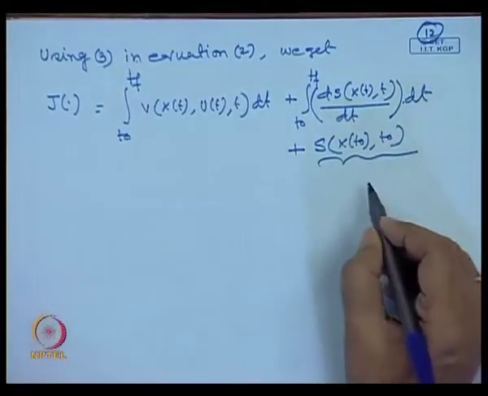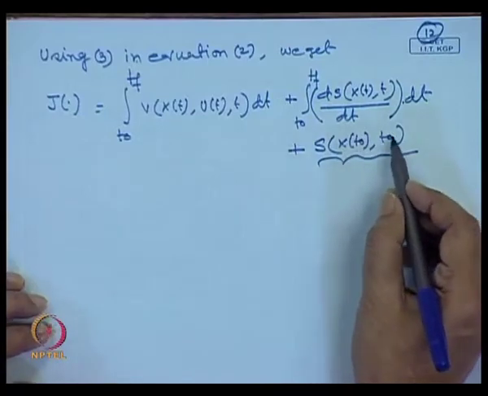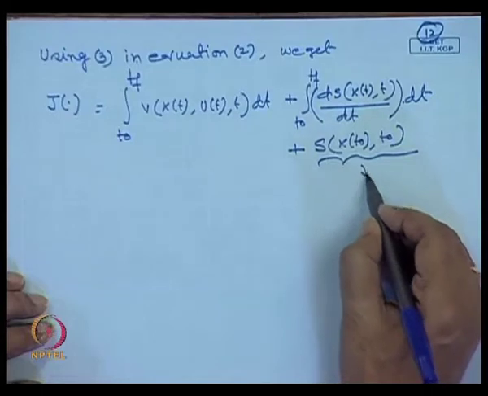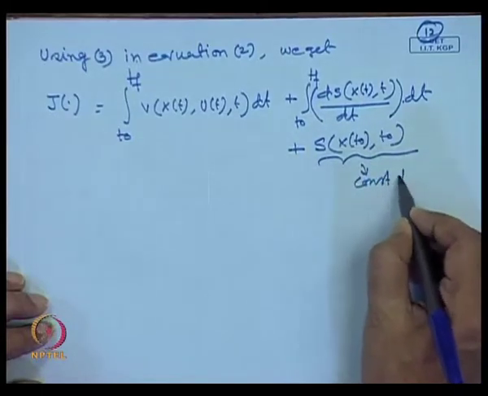This is the constant term, because you know the initial condition at t equal to T0.